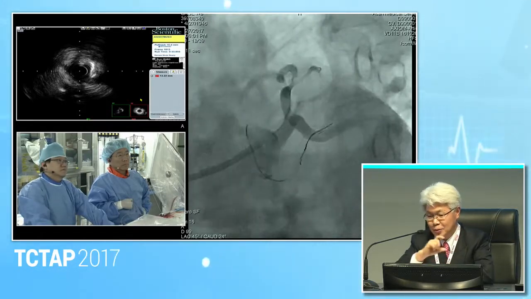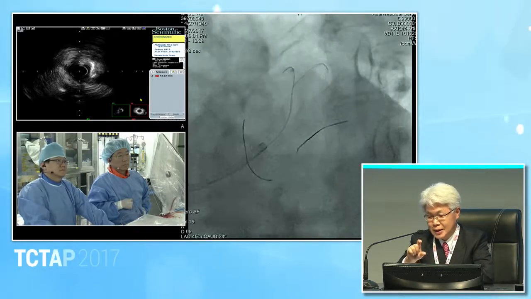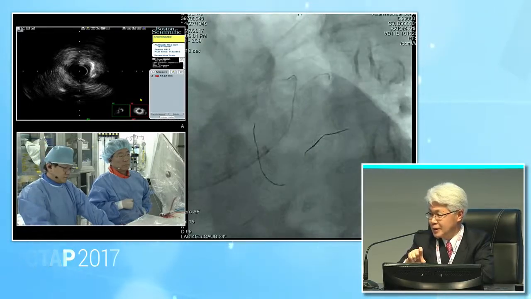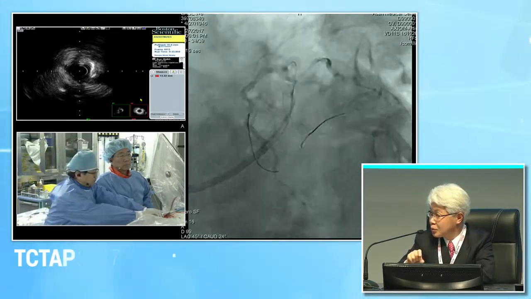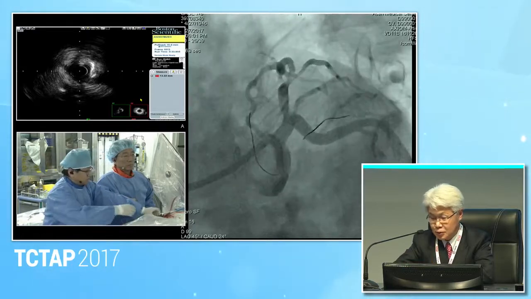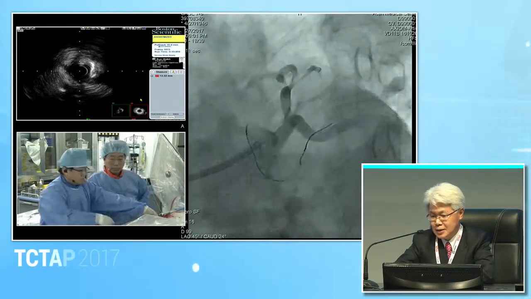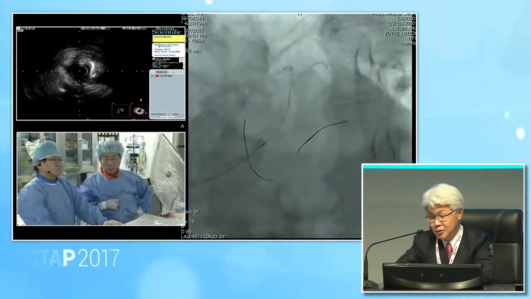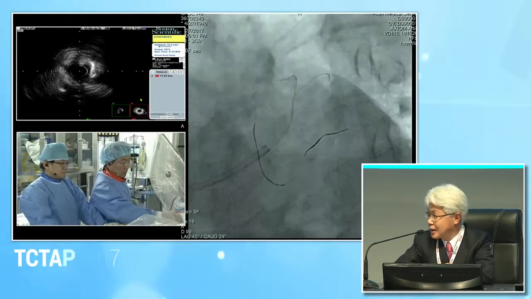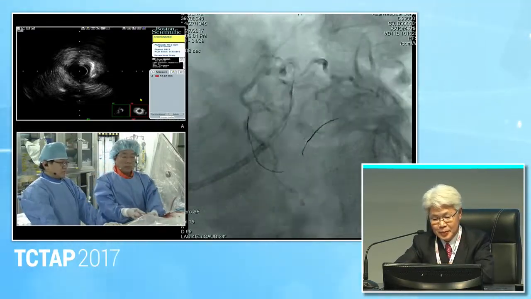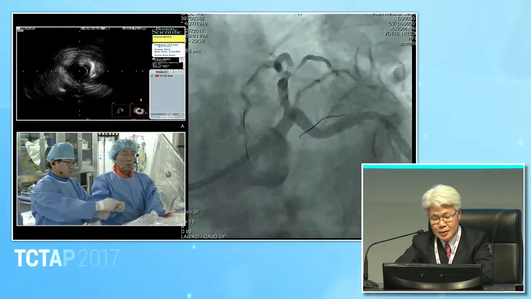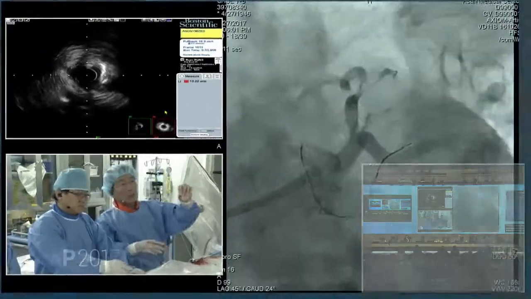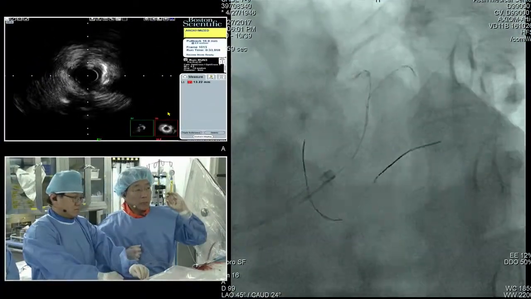So if we put a simple stent in LAD, I'm afraid of the risk of side branch occlusion. And as Dr. Park said, the diagonal branch is big enough, so we have to do something in the diagonal branch. Yeah. Agree.